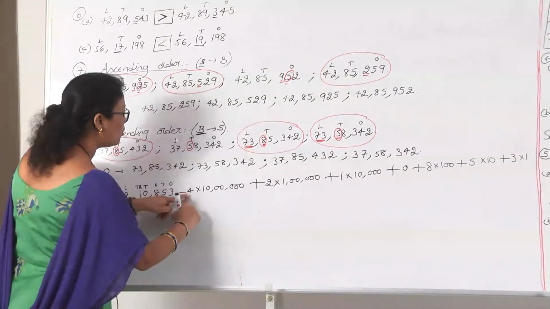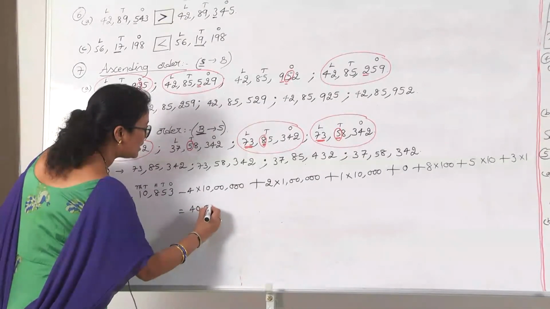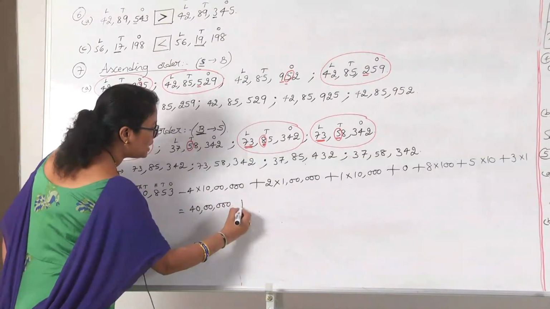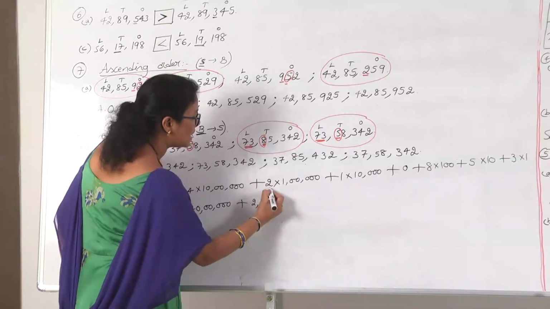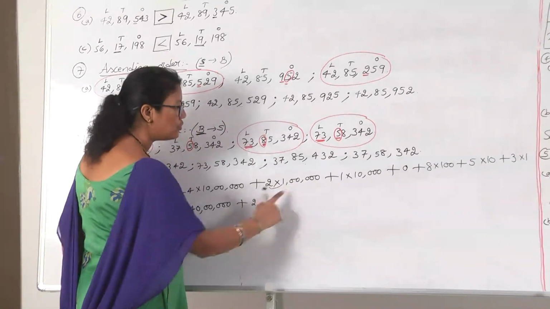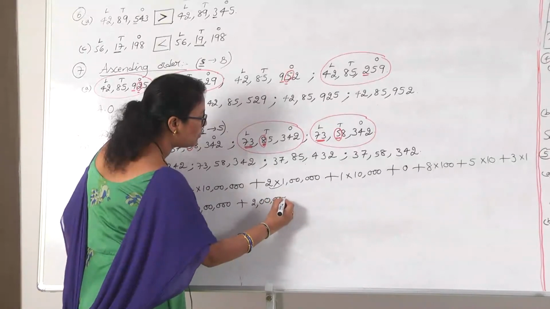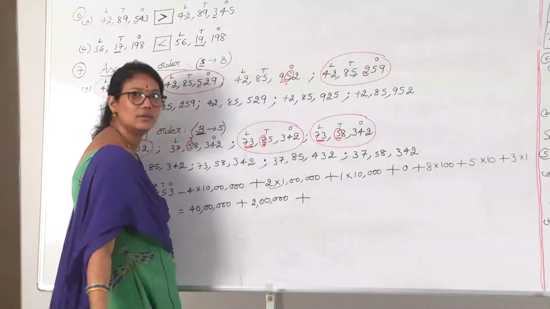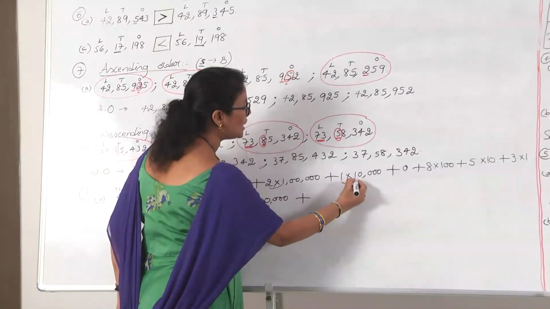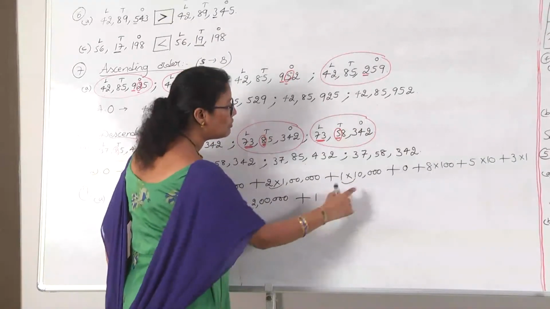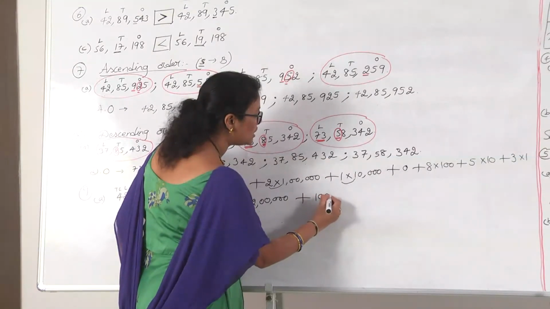Now we get 4 into 10 lakh is 40 lakh. Right children? Plus 2 into 1 lakh is 2 lakh, otherwise 2 into 1 is 2 followed with 5 zeros. So 1, 2, 3, 4, 5. Plus 1 into 10,000, otherwise 1 into 1 is 1 followed with how many zeros? 1, 2, 3, 4. 1 followed with 4 zeros.